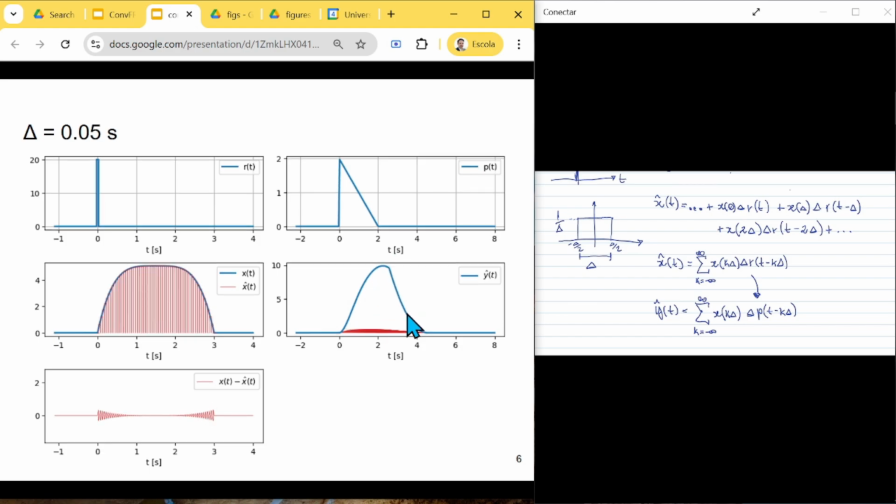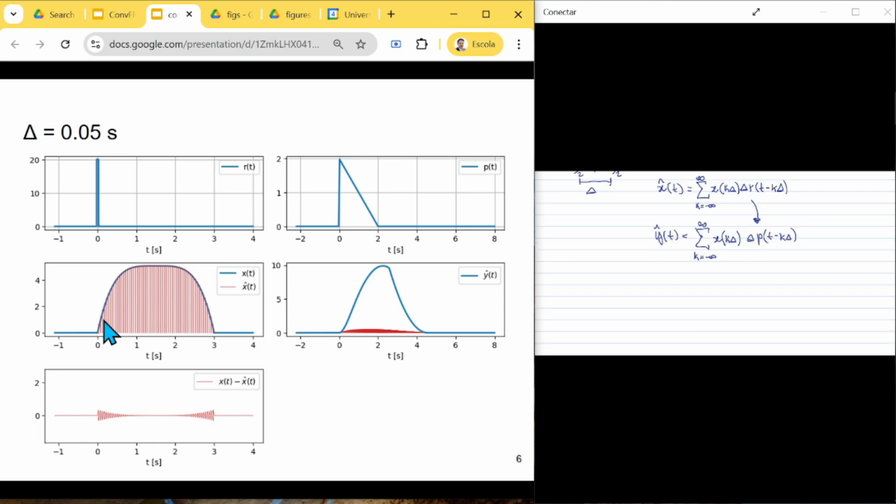So here I'm in a very advanced case where delta is 0.05, that is 10 times more accurate than my initial case, which was delta equal to 0.5.